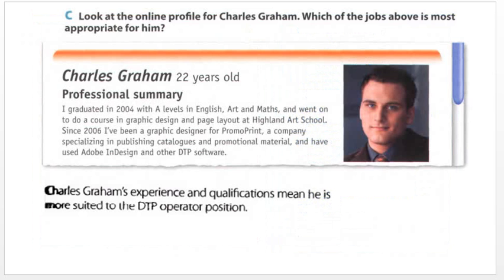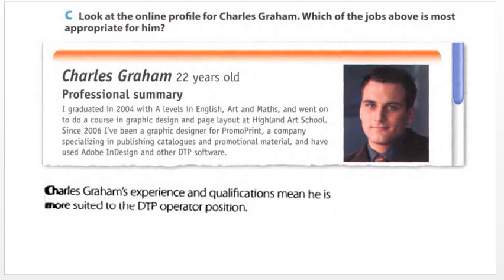Now look at the online profile for Charles Graham. Which of the jobs above is most appropriate for him? Charles Graham, 22 years old, professional summary. I graduated in 2004 with A levels in English, Art and Math, and went on to do a course in graphic design and page layout at Highland Art School.